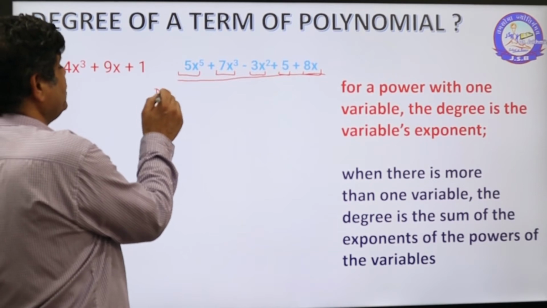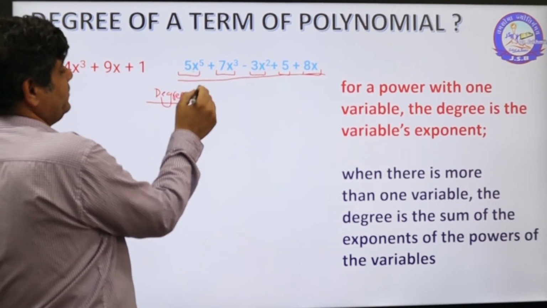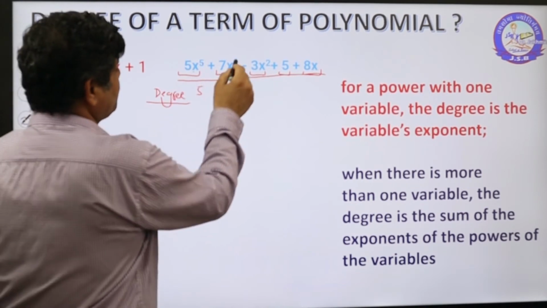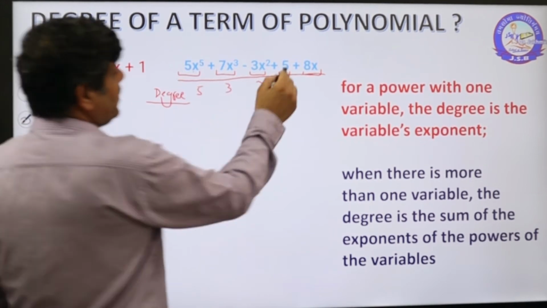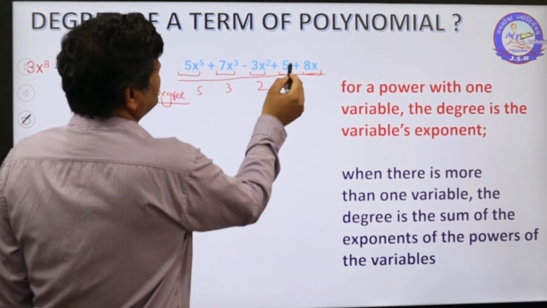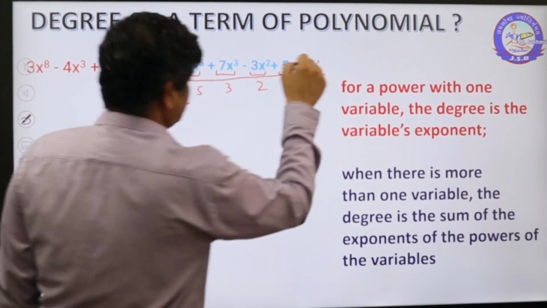So that will be the degree of that term. So if it is x to the power 5, its degree is 5. It's x to the power 3, its degree is 3. It's x to the power 2, its degree is 2. 5, technically it is 5 times x to the power 0, so its degree is 0. x to the power 1 here, so its degree is 1.